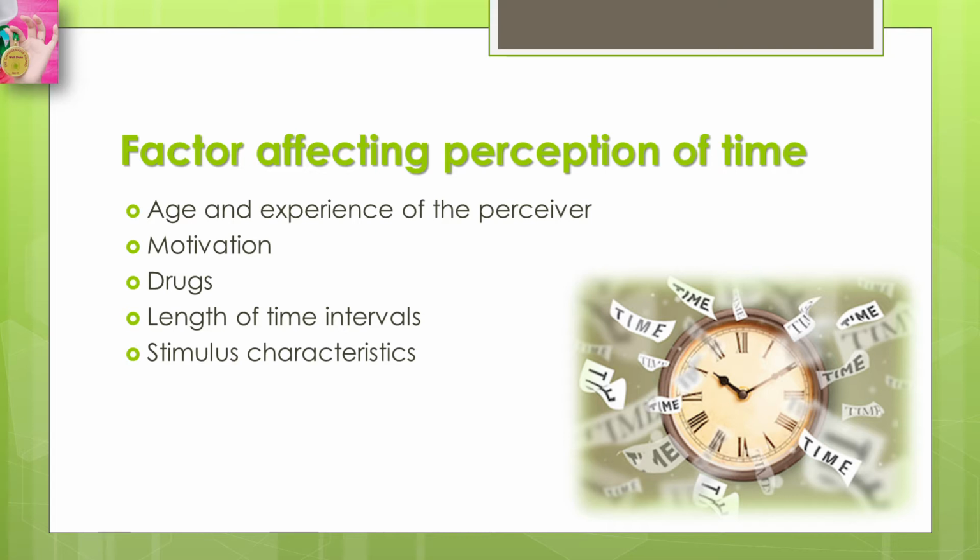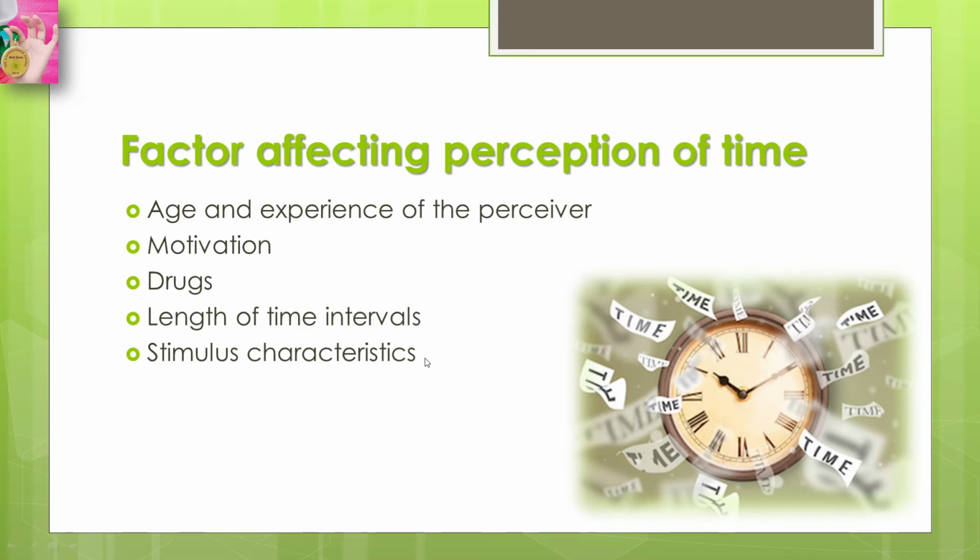Now, time, like space, is perceived differently according to a variety of conditions within the perceiver. Important such factors within the individual are age and experience of the perceiver, the motivation, the drugs, and length of the time interval.